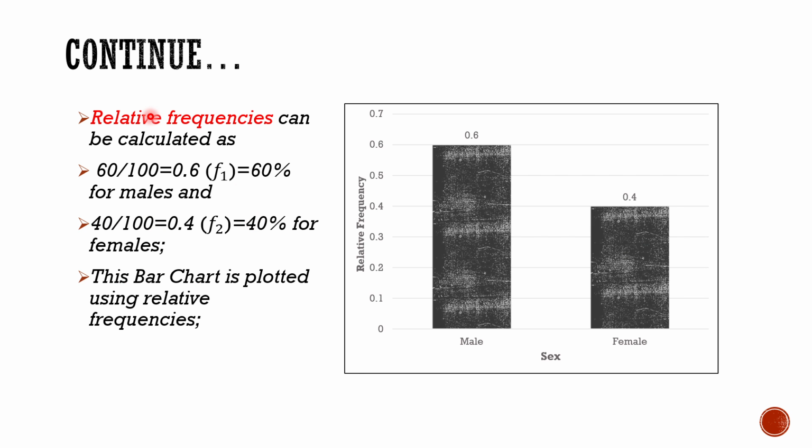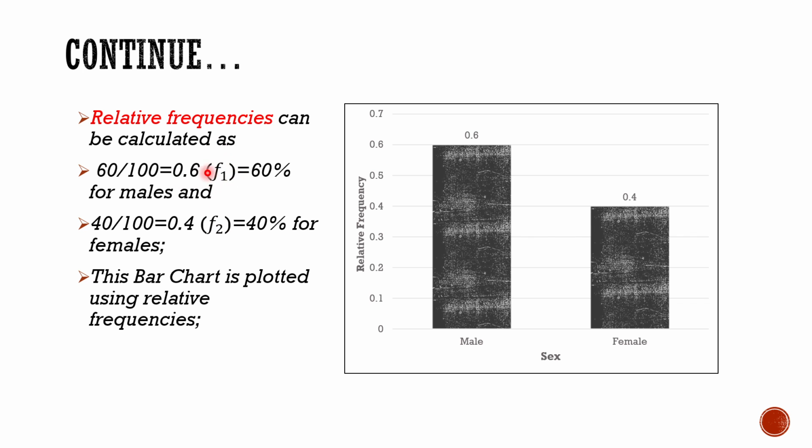Now, continuing with the same example, we can also calculate relative frequencies and plot bar charts using them. As you can see, F1 and F2 are the relative frequencies for male and female. How are these relative frequencies calculated?